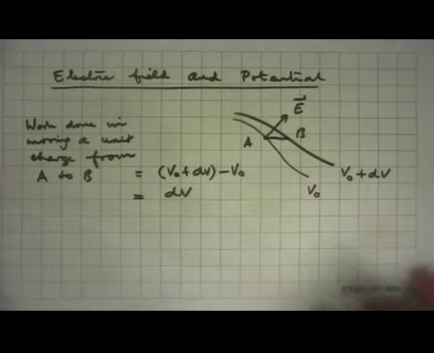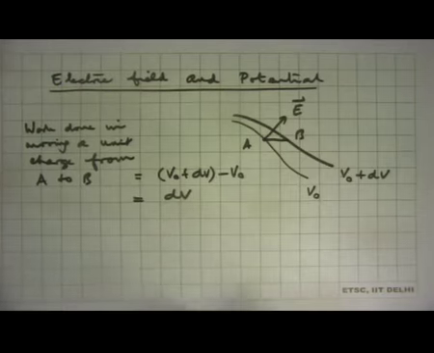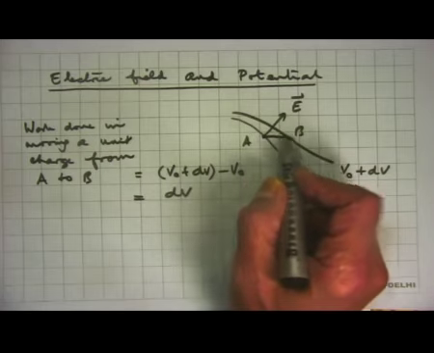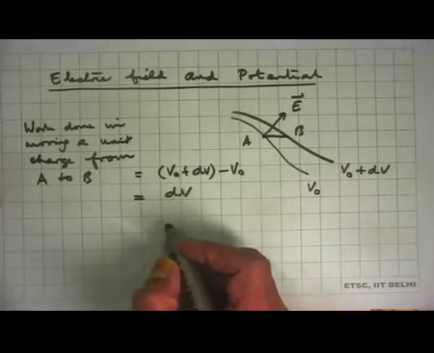So, you know that potential difference is the work done in moving a unit positive charge from one point to the other. So, when I have to move a point charge from A to B, the work done is potential at B minus potential at A. So, V naught plus dV minus V naught, which is dV.